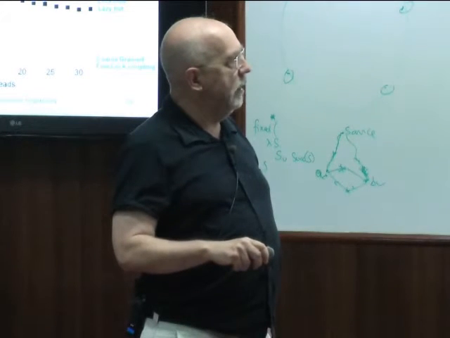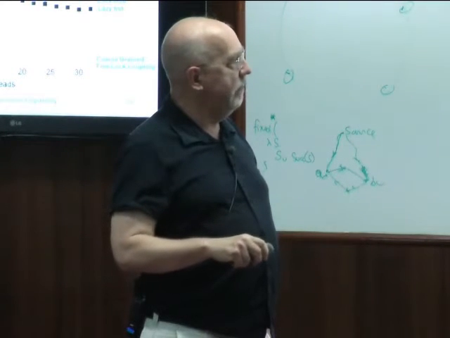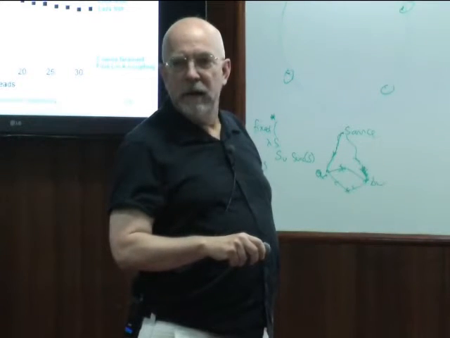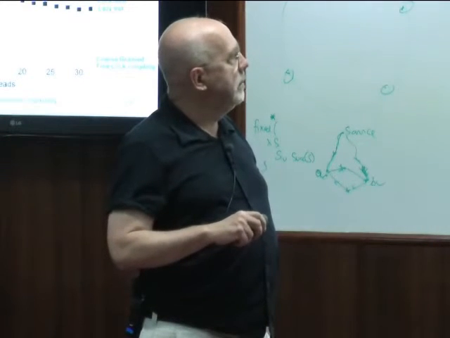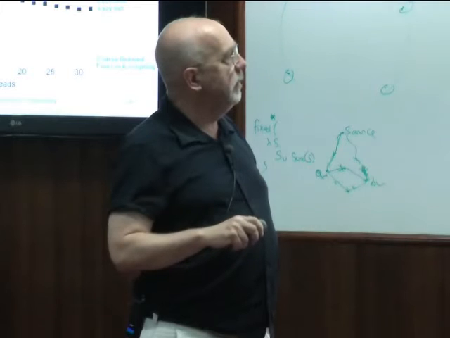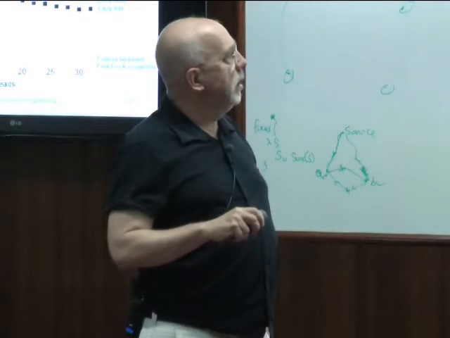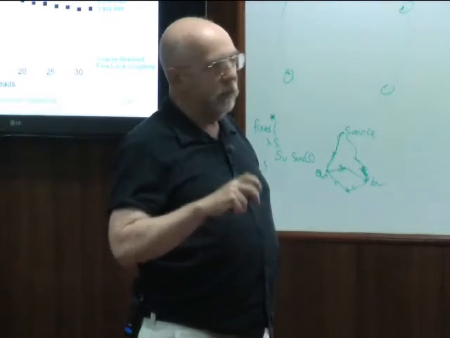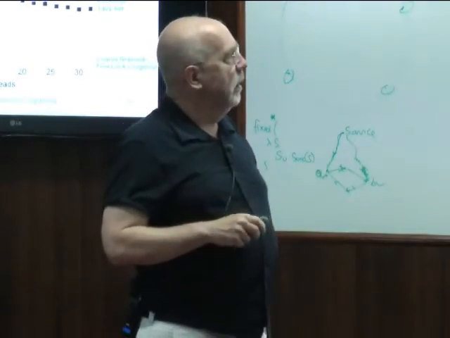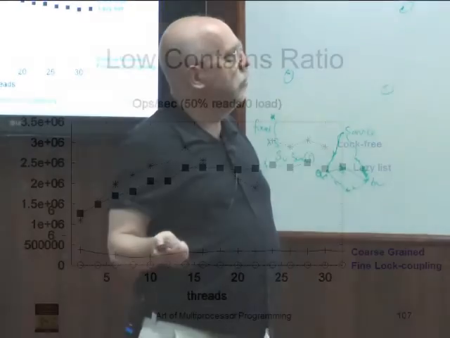Coarse grain and fine grain locks basically have fairly poor performance, and they don't really scale. Lazy list and lock-free are roughly comparable. Here, lock-free does somewhat better than lazy, although the difference isn't huge.